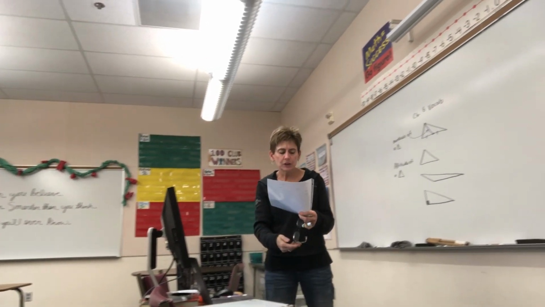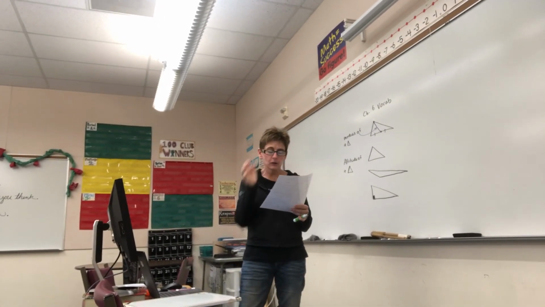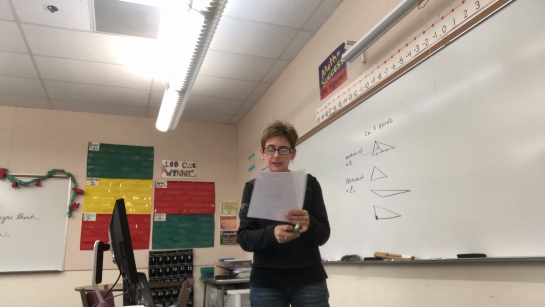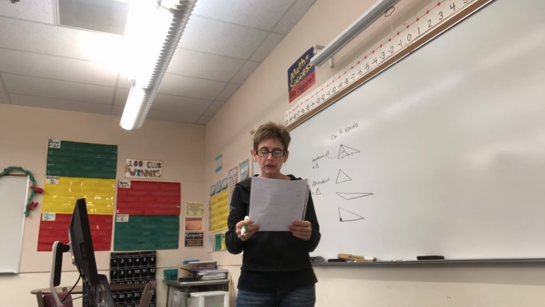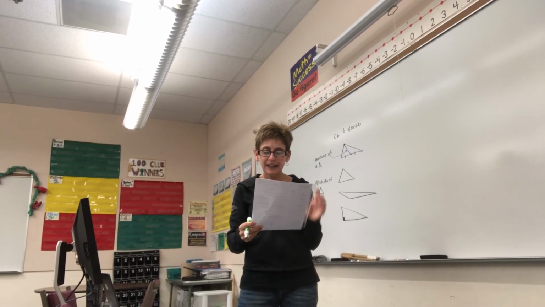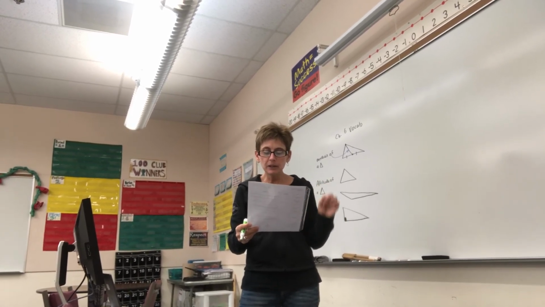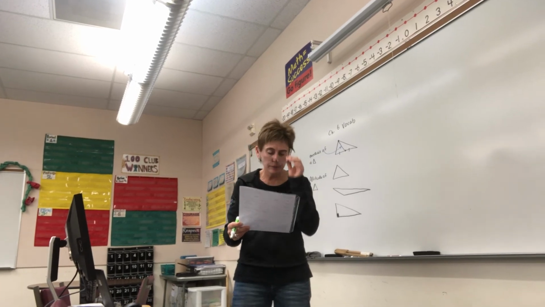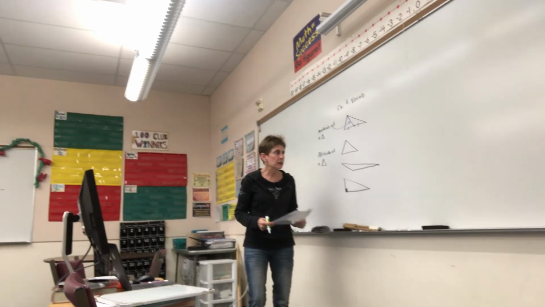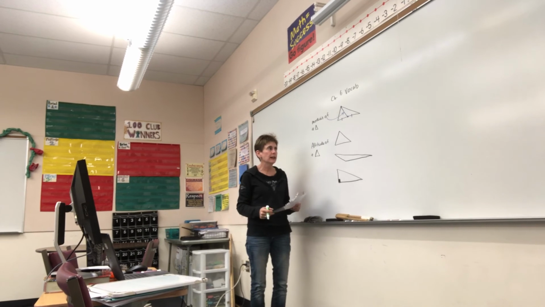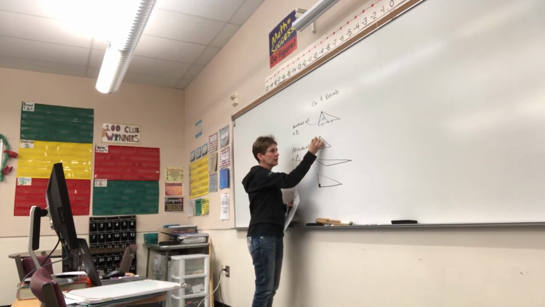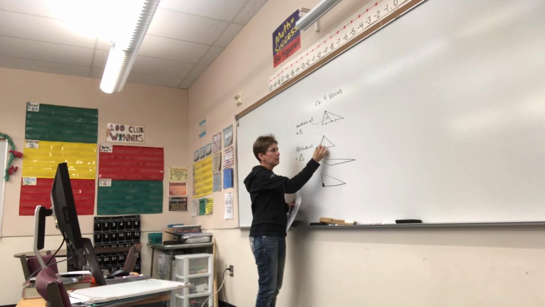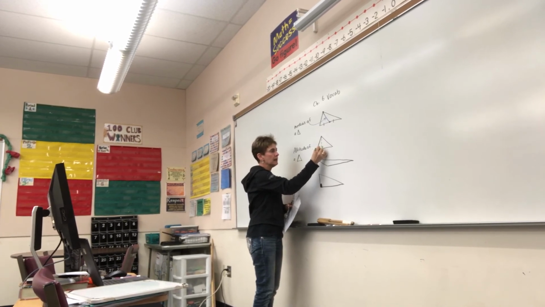So for the altitude of a triangle, the verbal definition is a segment from the vertex of the triangle to the line containing the opposite side and perpendicular to the line containing that side. So I think the easiest picture to see is with an acute triangle. You have to go from the vertex and then perpendicular to the opposite side.